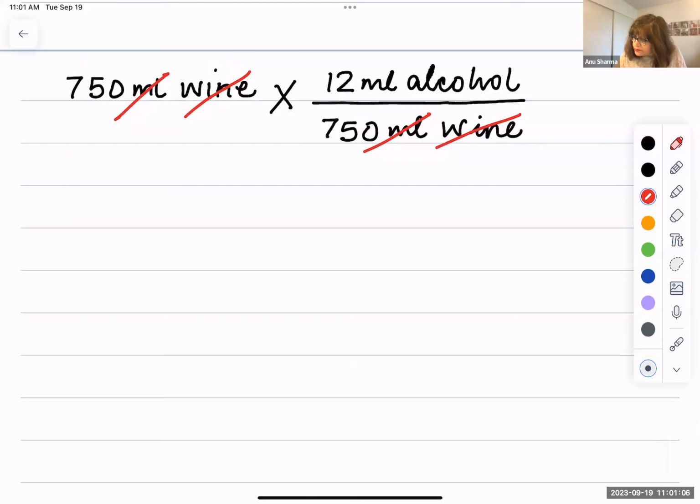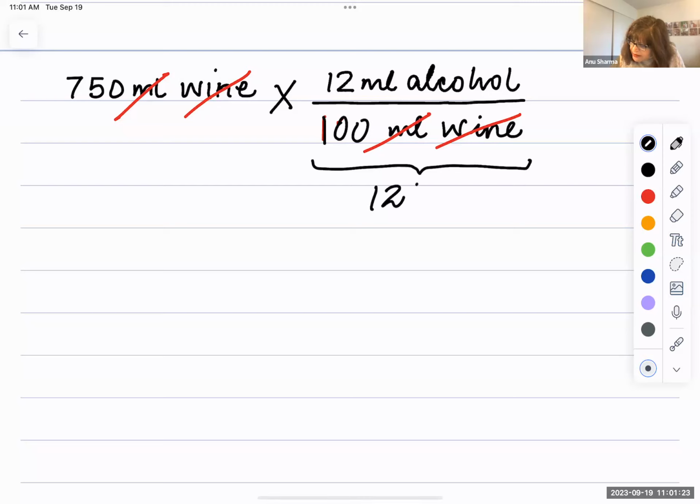Oh, sorry, I made a mistake here. This is 100. This is 100 milliliters. So this is that 12% translated like this. The 12% that is given gets converted into the conversion factor like that. Okay, so this was given.